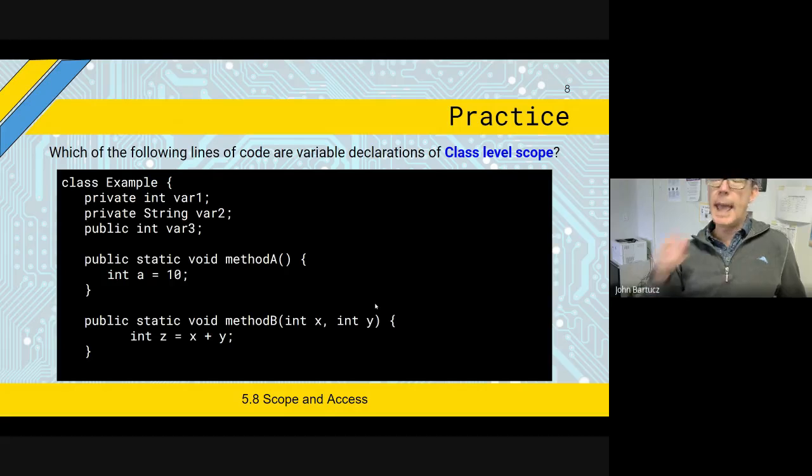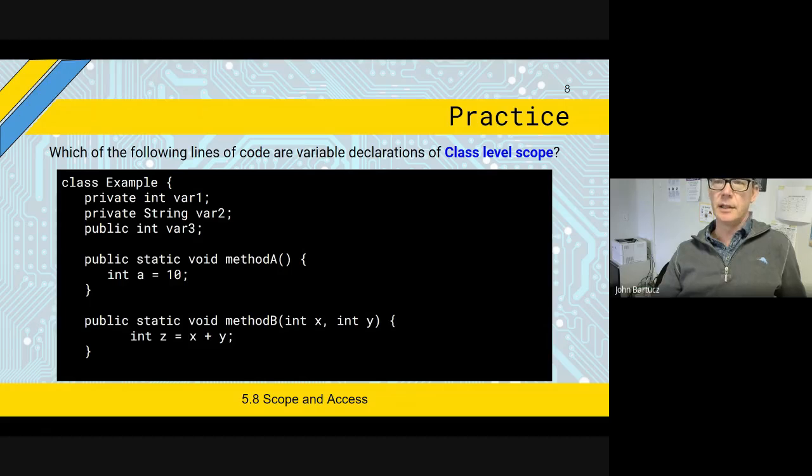So I could use them in any method. A is method level. I can only see it in method A. X, Y, and Z are all method level in method B. I can use X and Y because they're parameters. I can use Z because I've declared it in my method here. So I can't see X, Y, and Z anywhere else, but I can see them in method B.